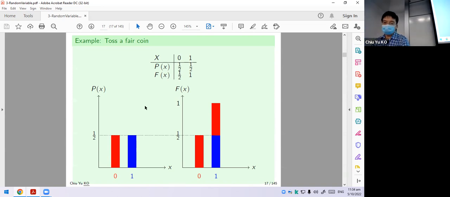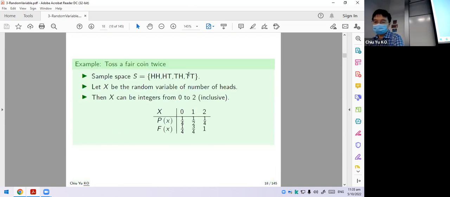You can jump between P and F. You should be able to figure out one from the other by yourself. If I give you P, you can tell me F. If I give you F, you give me P.